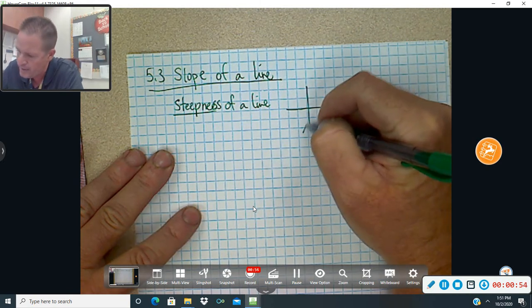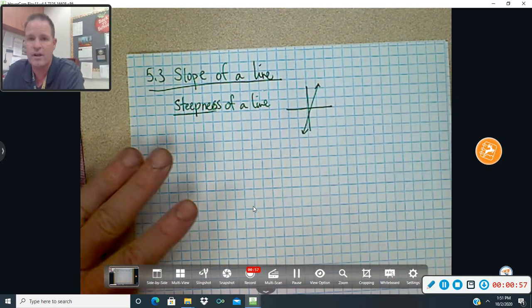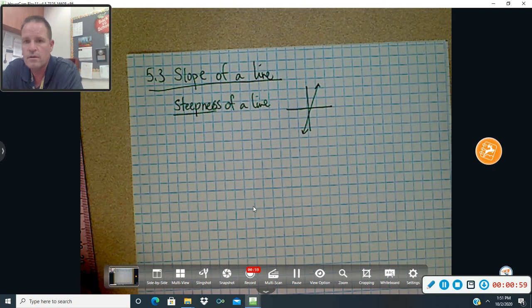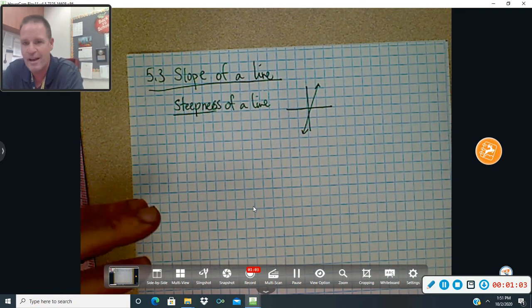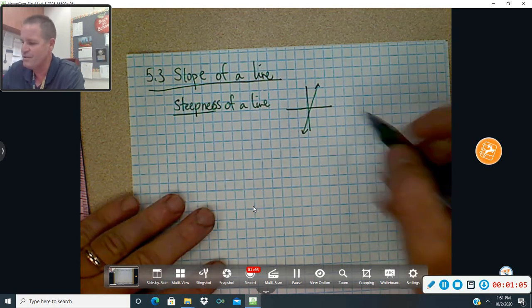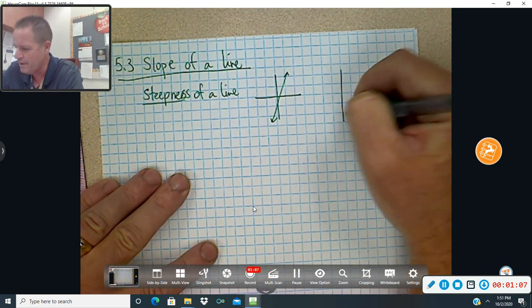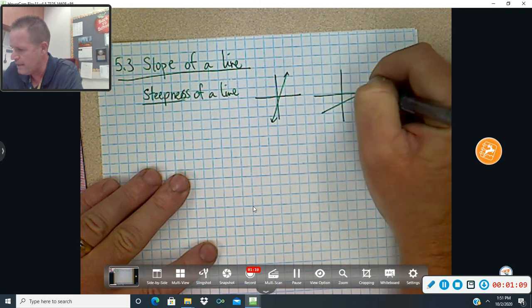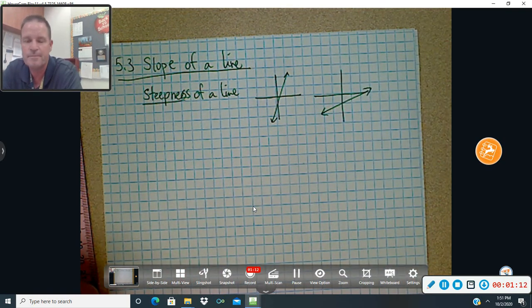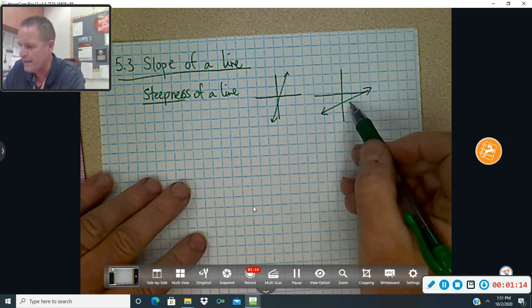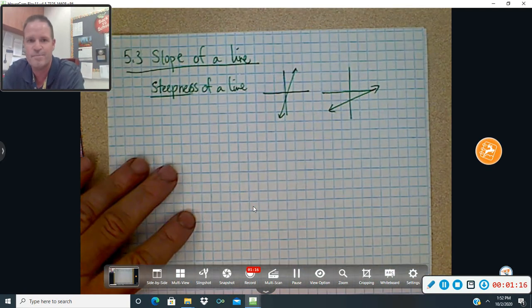You might have a line that goes up very fast. If you've ever gone skiing or snowboarding before, you know that some slopes are a lot steeper than others. Okay, so this would be considered a fairly steep line, whereas this might not be as steep. Okay, this would be kind of the beginner slope, and this would be the advanced expert slope.